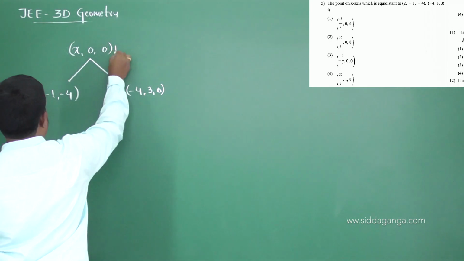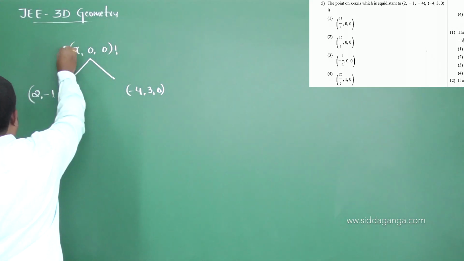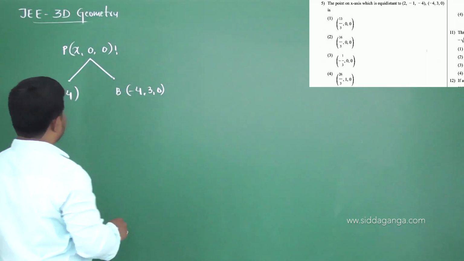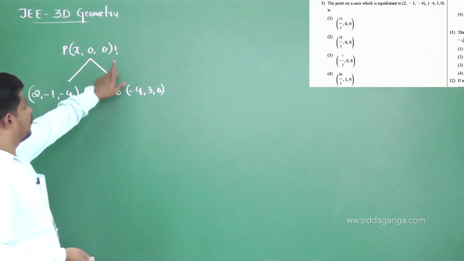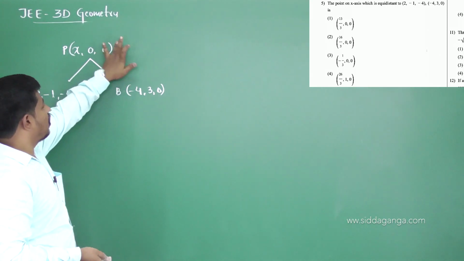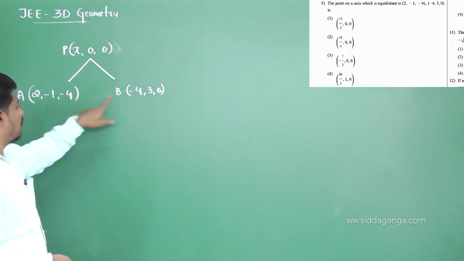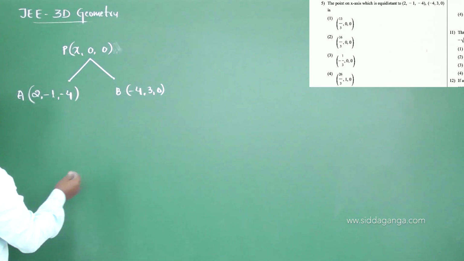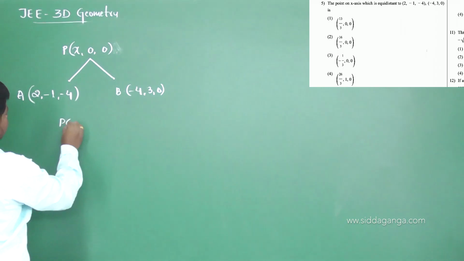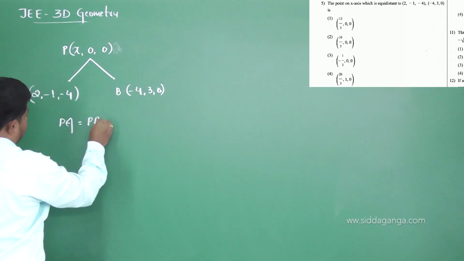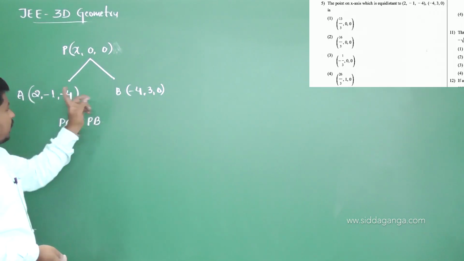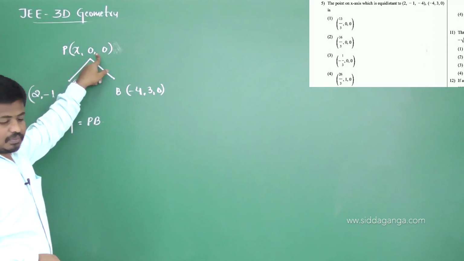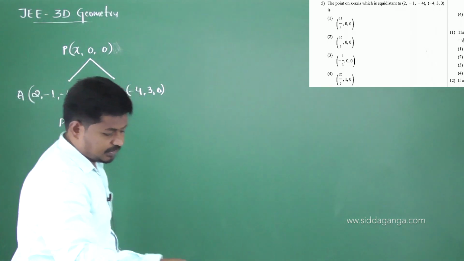Let us take this one as P, this one as A, this one as B. So for what value of x are these two at the same distance from this point? From the given data, this is PA equal to PB. It is a point on x-axis, and this is true for what value of x.